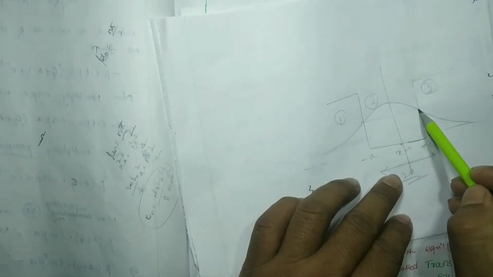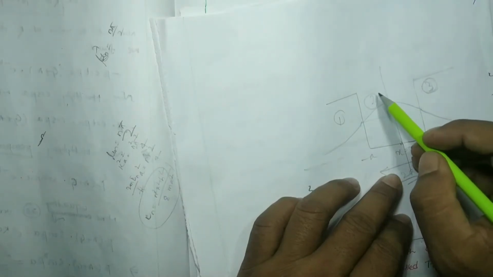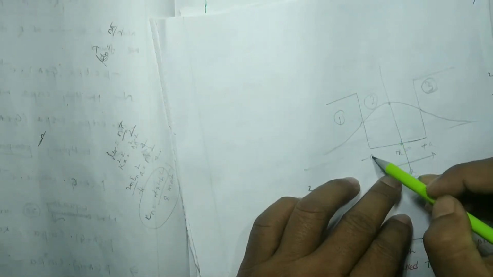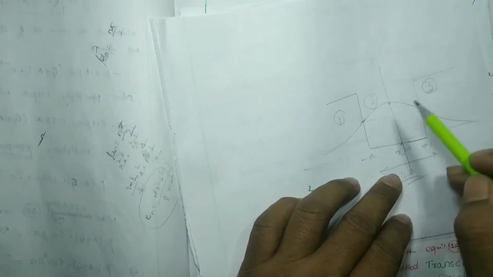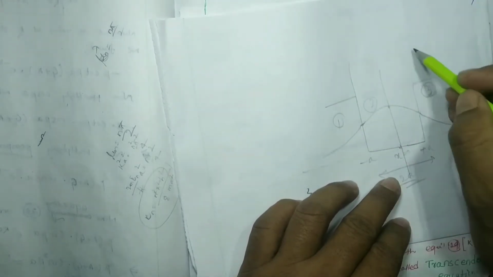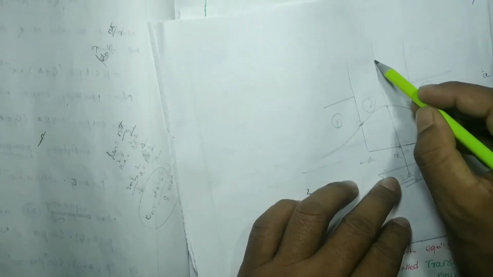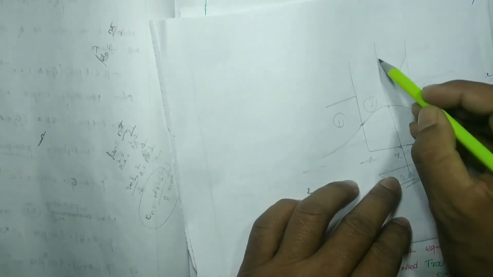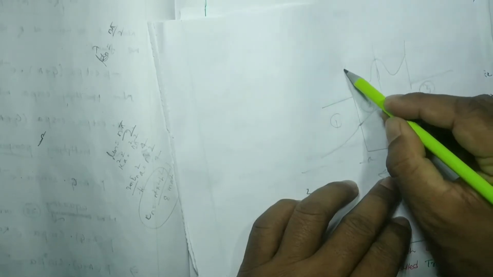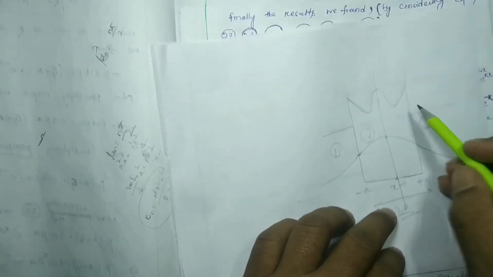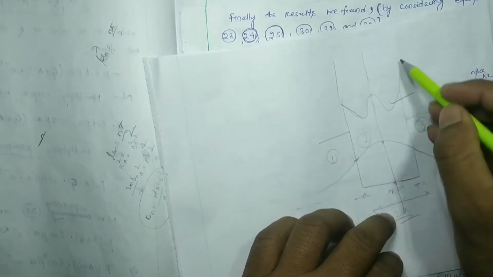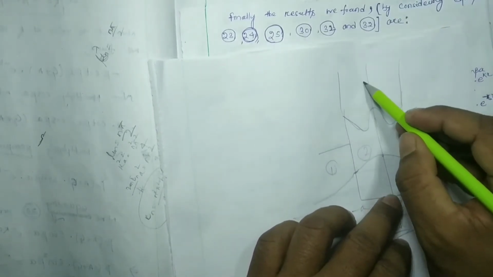So this is our x equal to 0. If it is cos x, then it will be like this. It will be maximum at x equal to 0, and minimum at x equal to minus a. Or it will be like this: at x equal to 0 it is a cos function, but if it is sine, then at x equal to 0 it will be minimum.